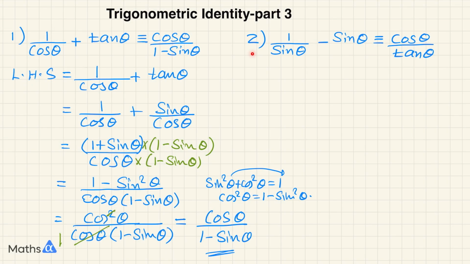Okay, let me take question number 2. We have 1 over sin theta minus sin theta identical to cos theta over tan theta. Let's see how we can prove this. Again, I'm going to take the LHS of this identity.